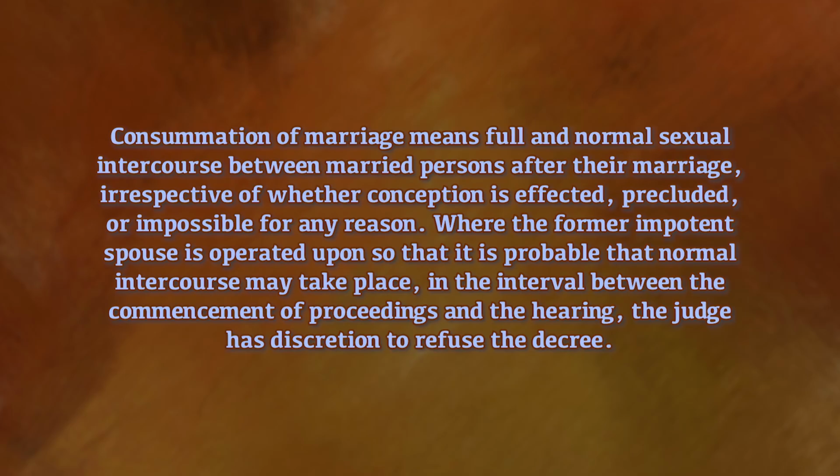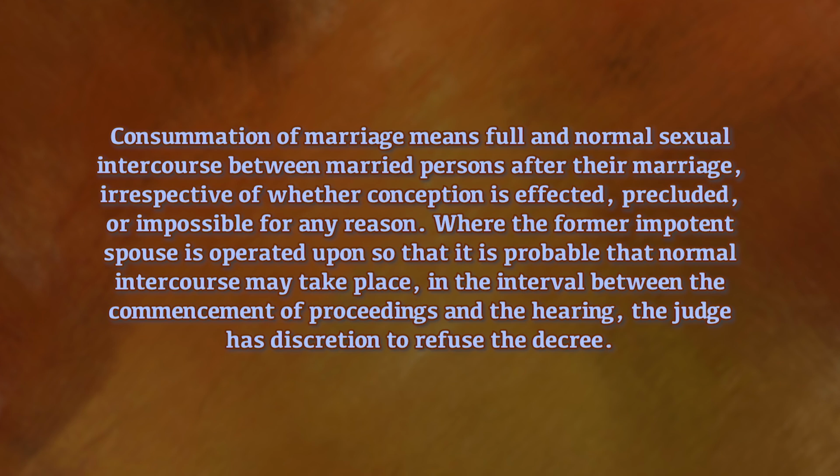Dear viewers, let's understand the meaning of consummation. Consummation of marriage means full and normal sexual intercourse between married persons after their marriage, irrespective of whether conception is effected, precluded, or impossible for any reason.